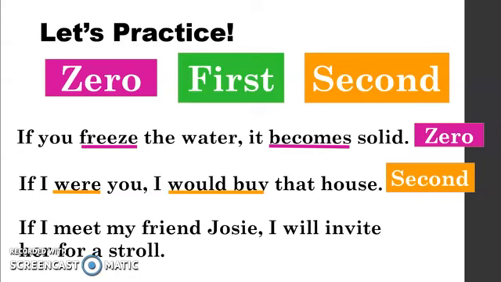On to the last one. What about this one? If I meet my friend Josie, I will invite her for a stroll. This one is in the first conditional because, remember the form? We have the present simple for the if clause and then will plus verb.